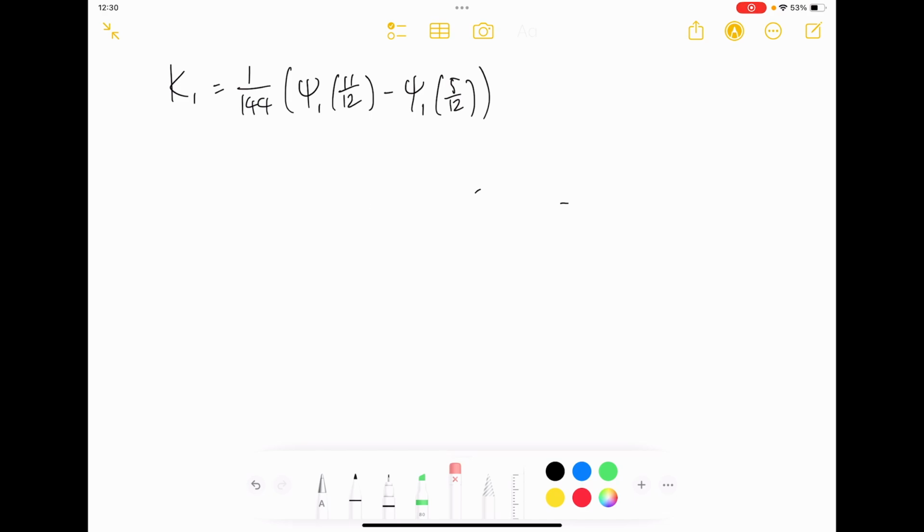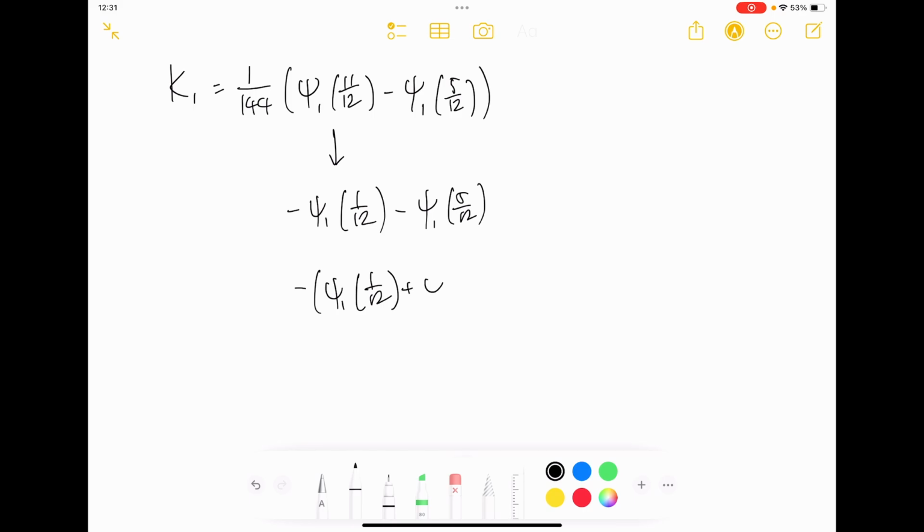Therefore, our psi 1 of 11/12 can be converted into negative psi 1 of 1/12. And we can stick this back on. And basically, we just have to consider the sum of the trigamma function at 1/12 and the trigamma function at 5/12.